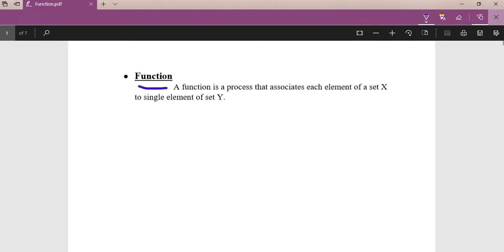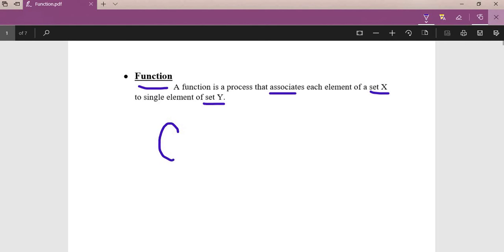So function is a process that associates each element of set X to a single element of set Y. I underlined a few words. It's the very basic definition of function. Let me elaborate this definition through the Venn diagram.